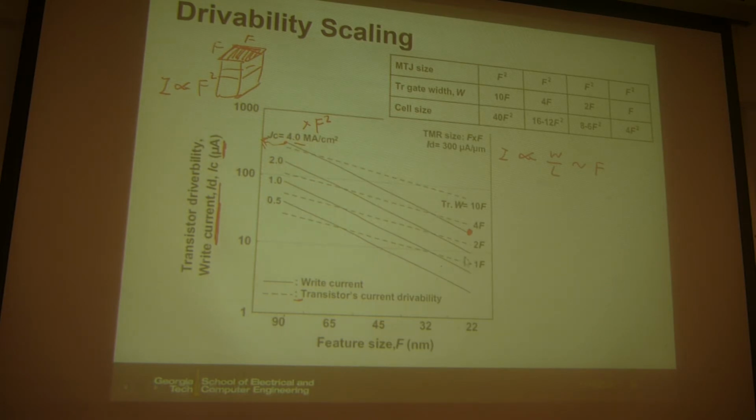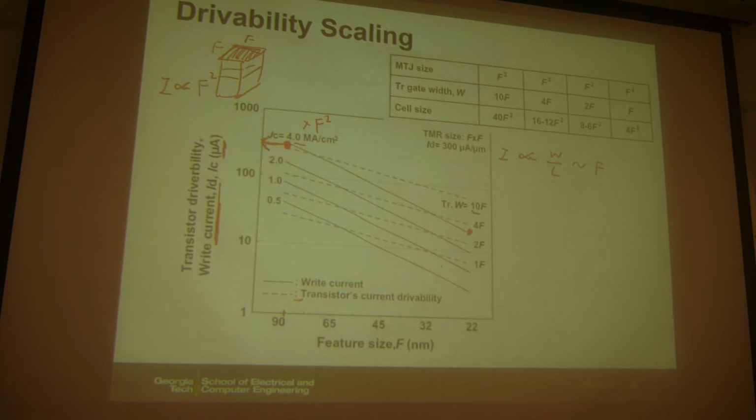So that's good news, because here you can see that at 22 nanometer, if you keep the JC value the same, that means you don't change your material system. At 90 nanometer, you need W over L equal to 10 to drive this MTJ.